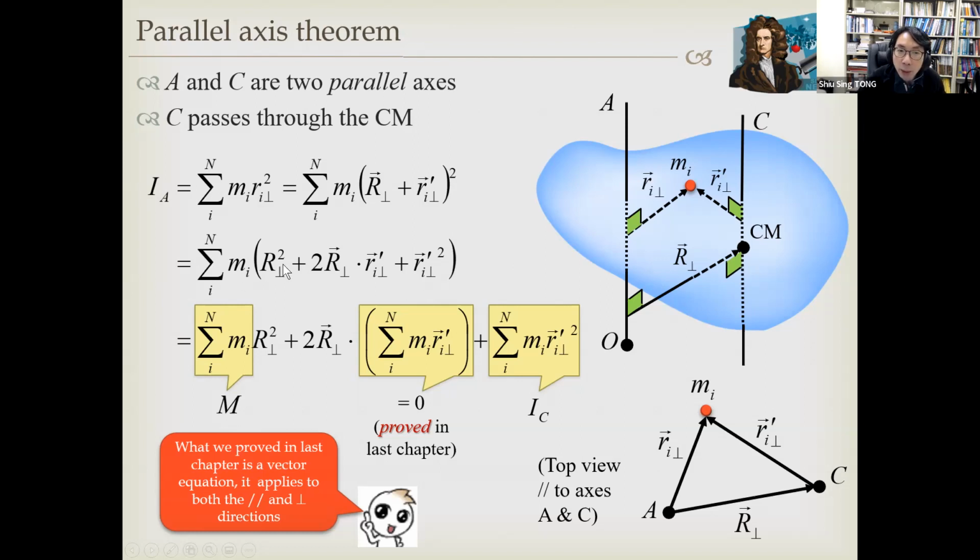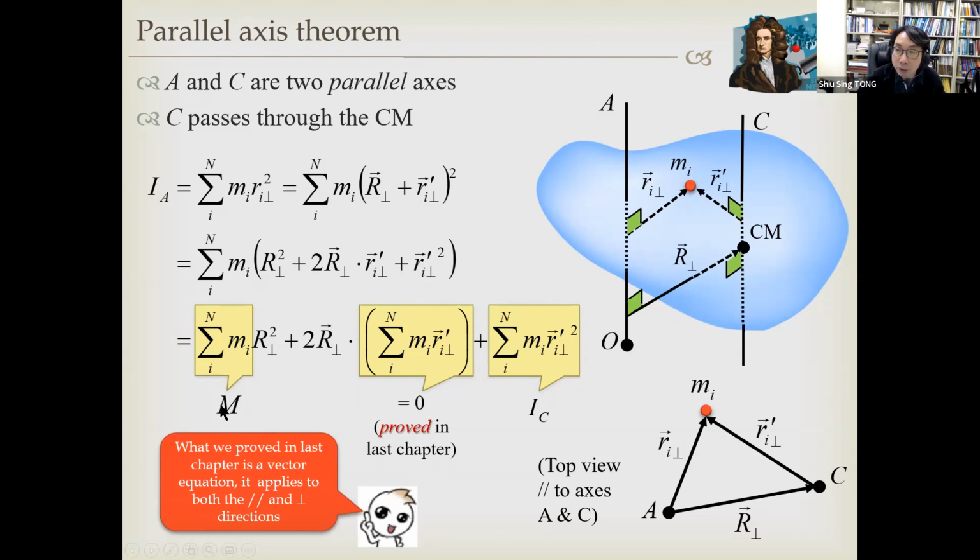Now the summation can be distributed to each of these terms, right? For the first term, I have summation Mi, and capital R perpendicular squared is a constant, so I can take it out of the summation. The last term is summation Mi Ri perpendicular prime squared, right? Now I can easily see that the first term is just capital M multiplied by capital R perpendicular squared, because the summation of all the mass is the total mass of the system.